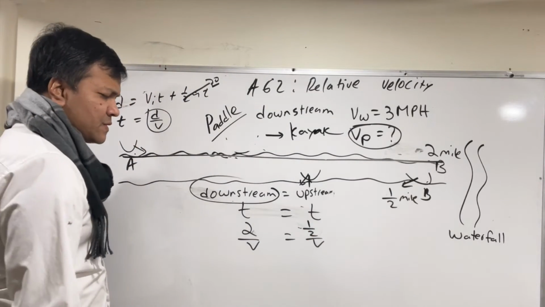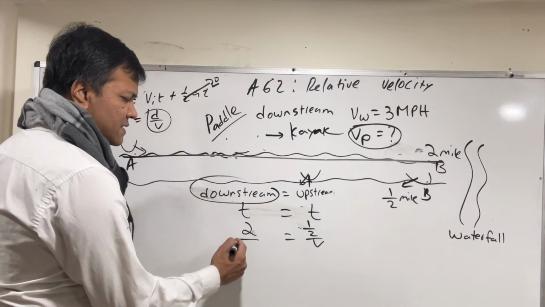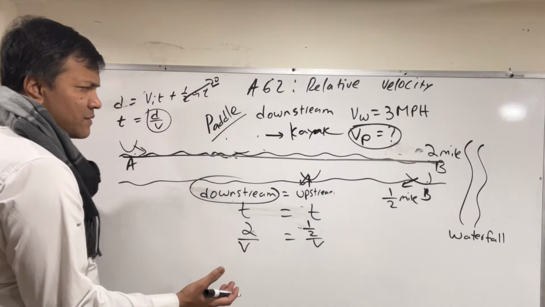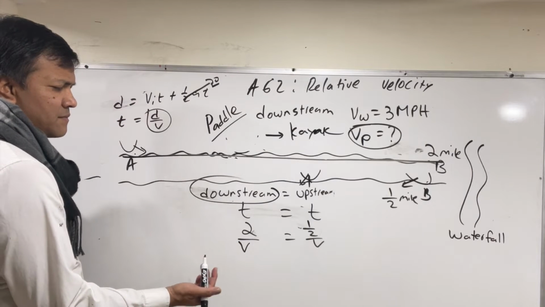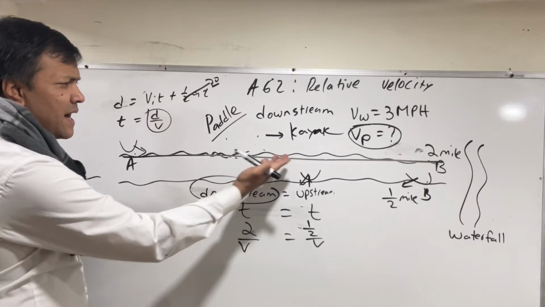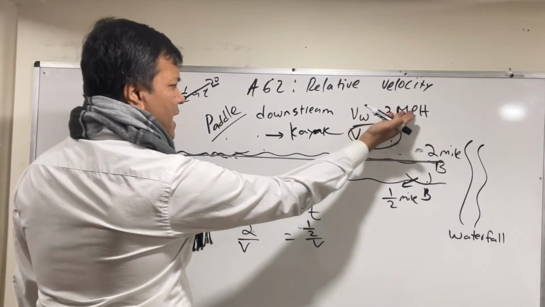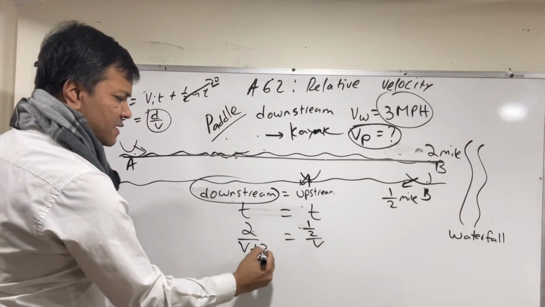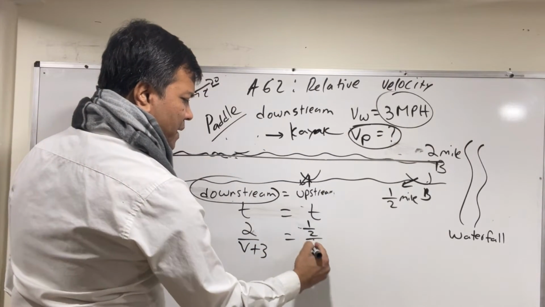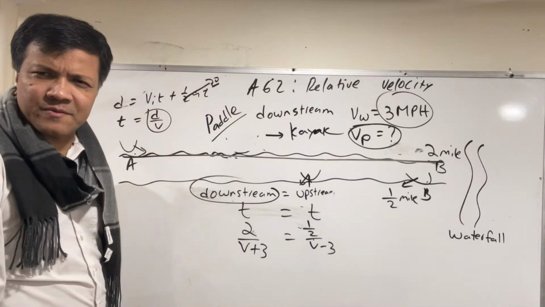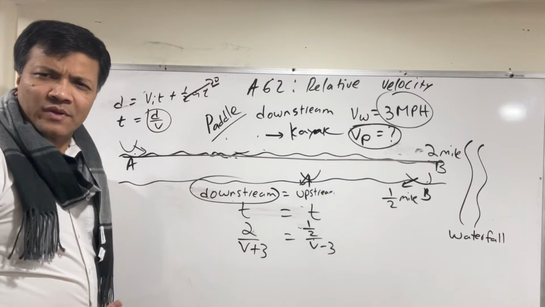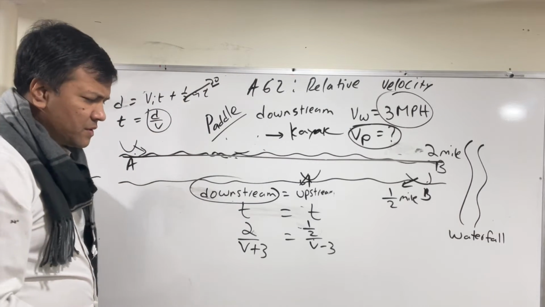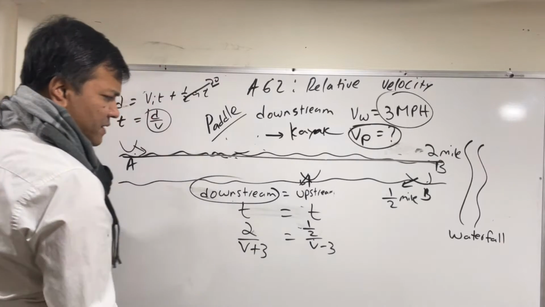Why is the reason? In this case, the velocity is your paddling velocity plus 3, this is plus because you get the support from the water, and this one is your paddling velocity minus 3. You don't get the support because you are moving against the water. So you do cross multiplication.